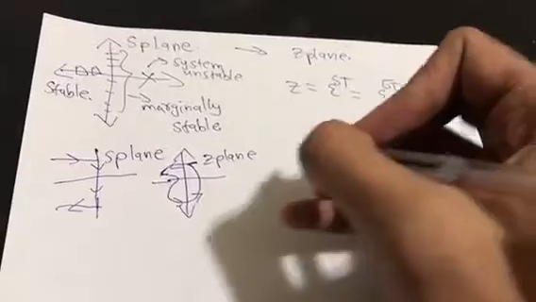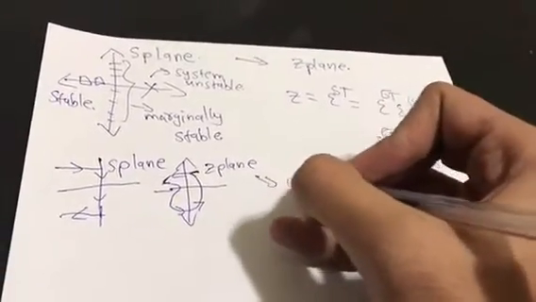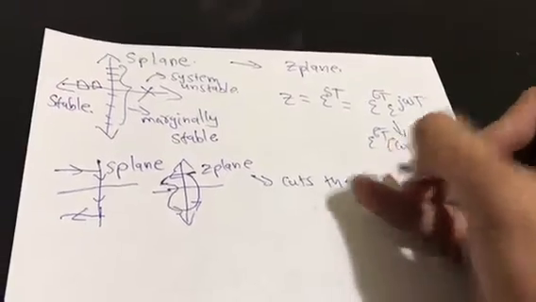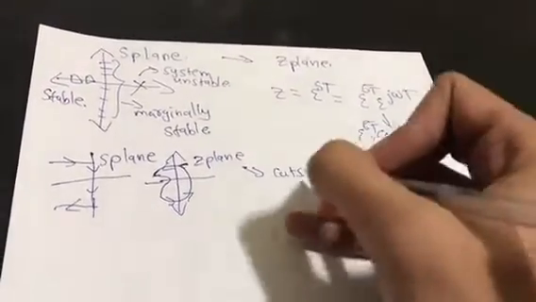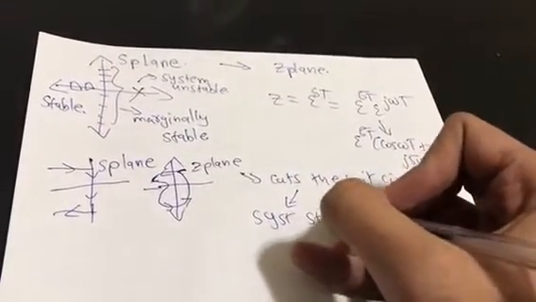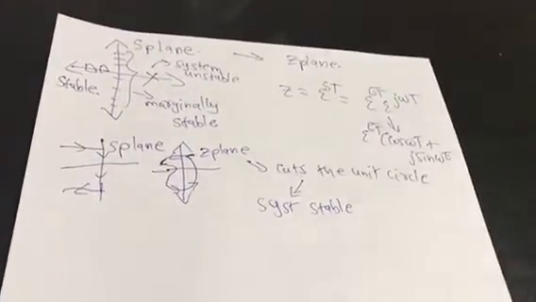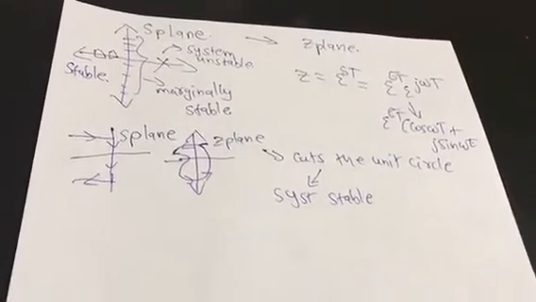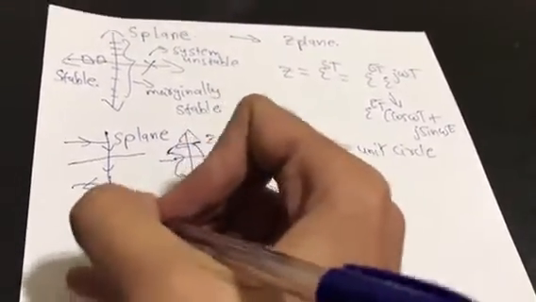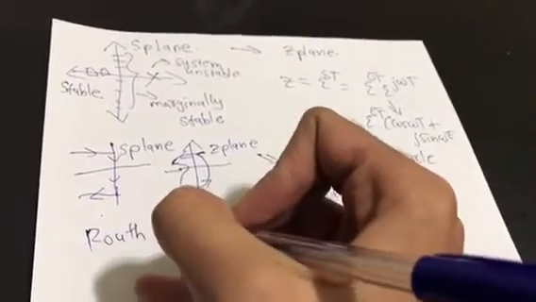Now for the Z-plane, the condition is if it cuts the unit circle, then the system is stable. If it doesn't, then it's not stable. So to check the stability, there are various tests. First is Routh test.